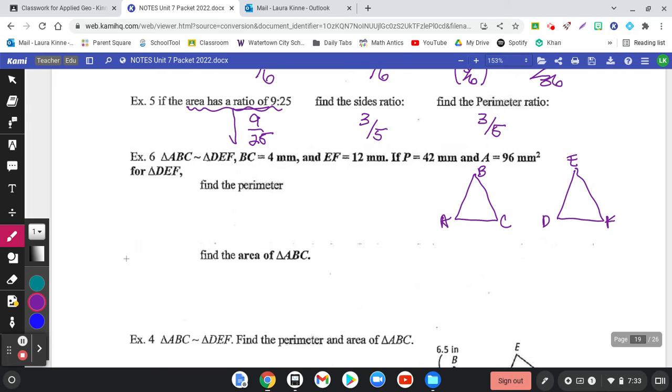I'm writing them in the same position because A matches D, B matches E, C matches F. Let's label what it gave us. BC is 4. EF is 12. And then it tells us the perimeter is 42 and the area is 96 for DEF.